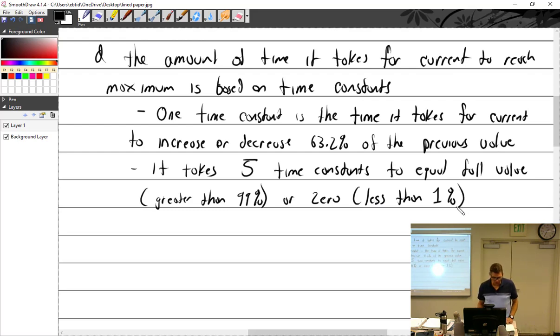So it's considered all the way to maximum if it reaches what percent? 99, or all the way to 0, which is less than 1%. And it takes how many time constants? 5 of these. And the 5 time constants is based on 63.2%.